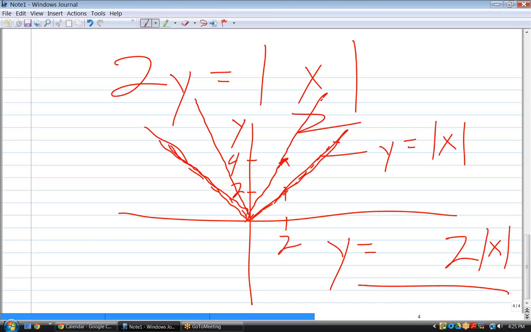The key thing to notice here is that this one is twice as far away from the x-axis, right? It's always twice as far away. That's what I'm saying when I say y equals 2 times that: no matter what point you plug in for x, y is going to be twice as far away from the x-axis as it was in this function.